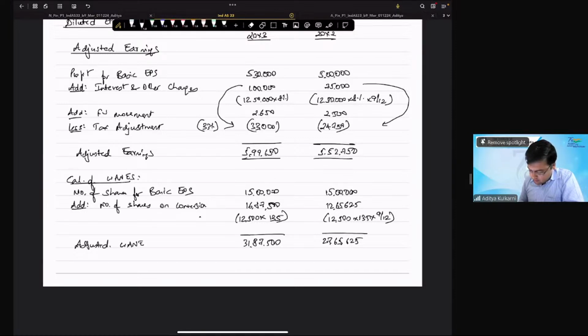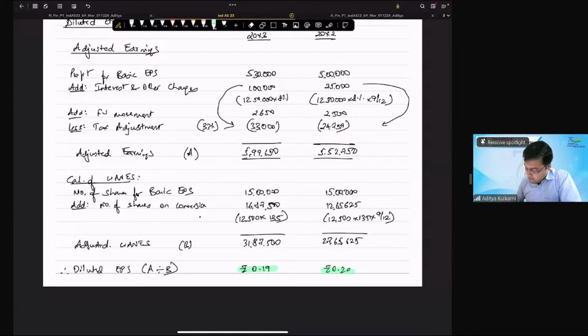Adjusted weighted average number of shares. This is A, this is B. Diluted EPS is A divided by B. So 5,99,650 by 31,87,500 is 0.19, and here it will be 0.20.